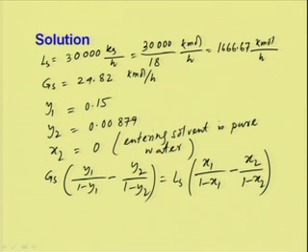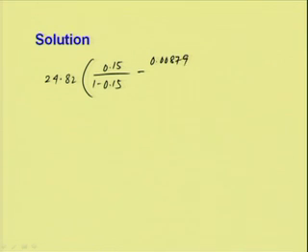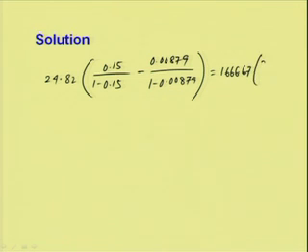Now, if we substitute, we know all the parameters except x1. So, substituting, it will be 24.82 into 0.15 divided by 1 minus 0.15 minus 0.00879 divided by 1 minus 0.00879 is equal to 1666.67 into x1 by 1 minus x1 minus 0.